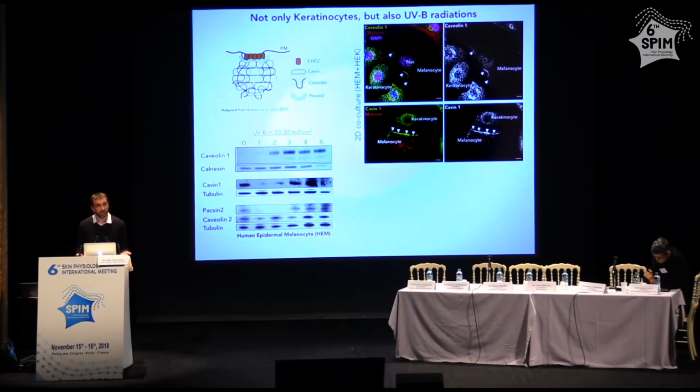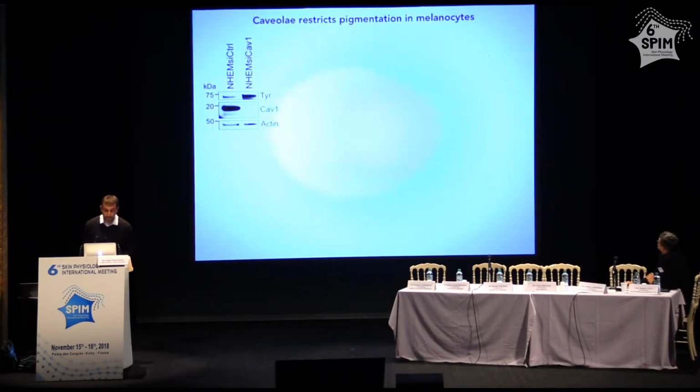So the question now is, what would be the role of these caveolae during pigmentation, for instance? For that, we used siRNA to deplete the expression of caveolin 1 and cavin 1. If caveolin 1 is not there, caveolae are not formed and not functional. What we can observe quickly is that the expression level of tyrosinase, one of the key enzymes for melanin production, is increased.